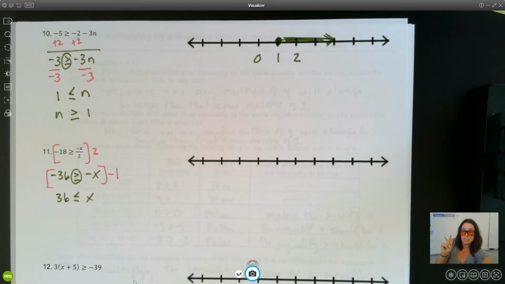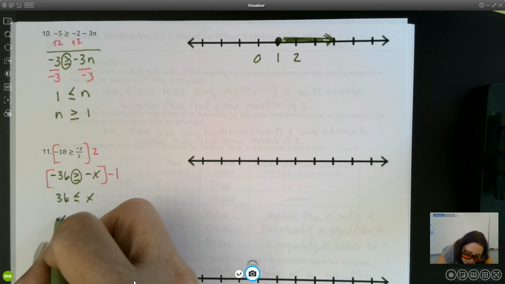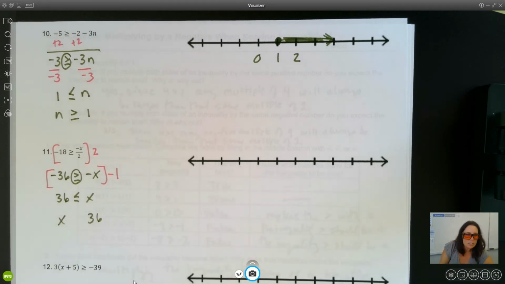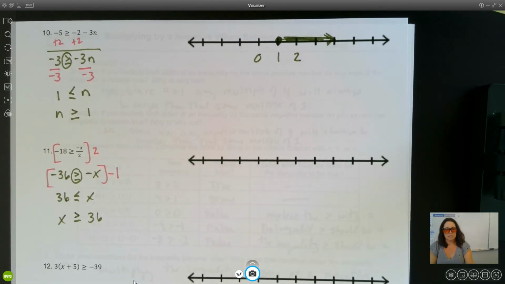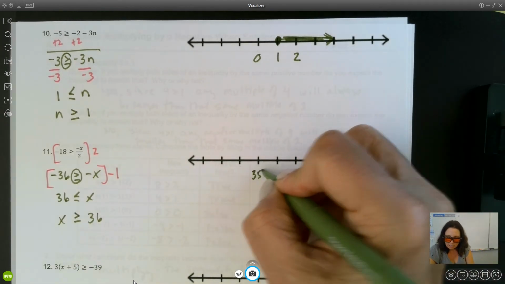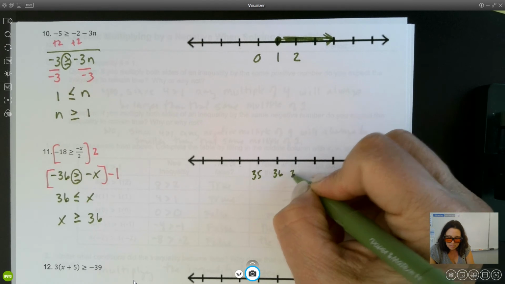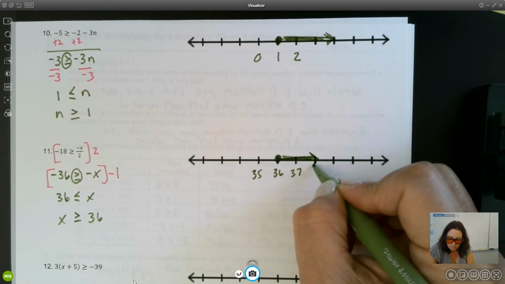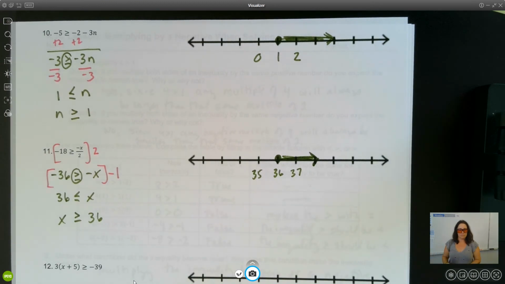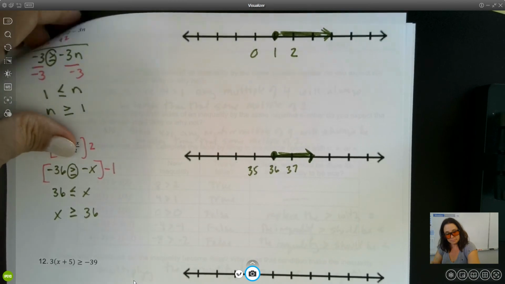Okay, now, please don't graph it because I know most of you are going to shade to the left. Okay, please write your x on the left and your 36 on the right. So 35, 36, 37, closed circle, shaded right.